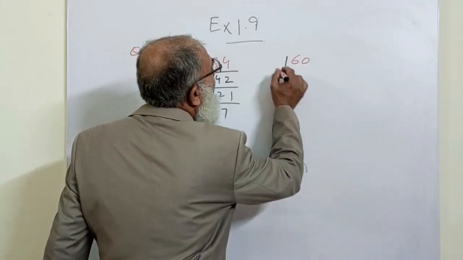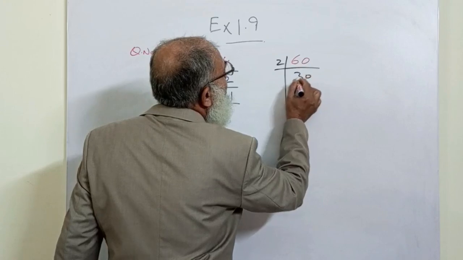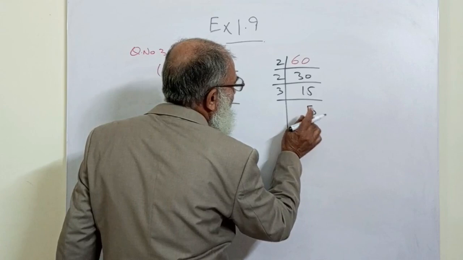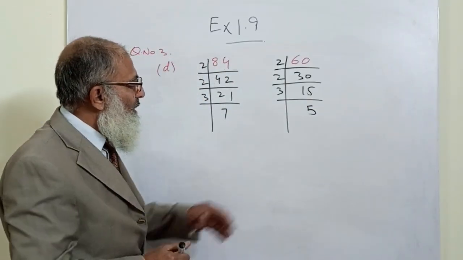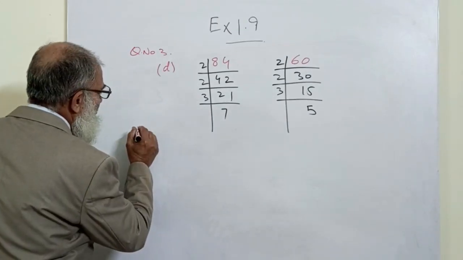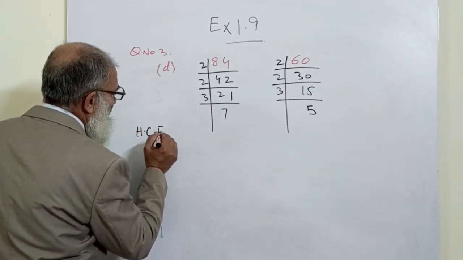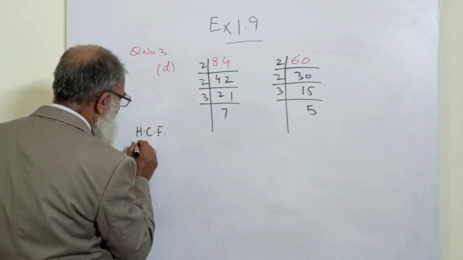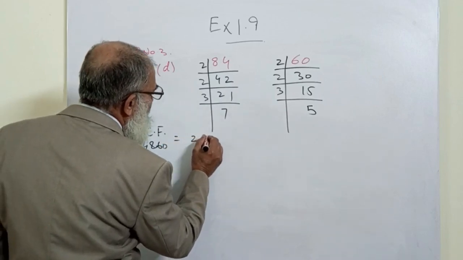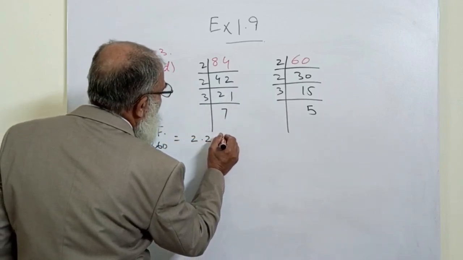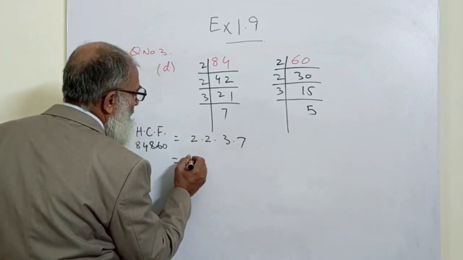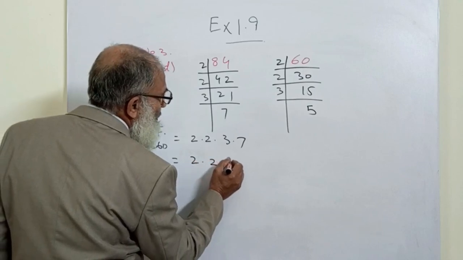For 60: 30, 15, 5. It is also written in all the prime factors. Now for HCF of 84 and 60: 84 is 2, 2, 3 and 7, and the next number, 60, is 2, 2, 3 and 5.